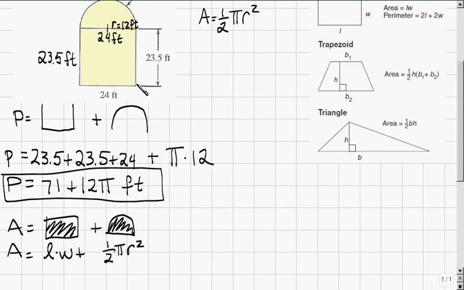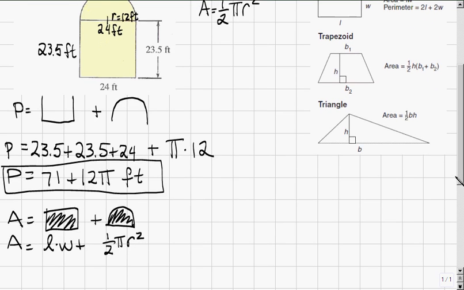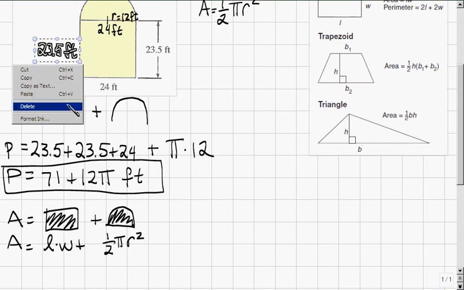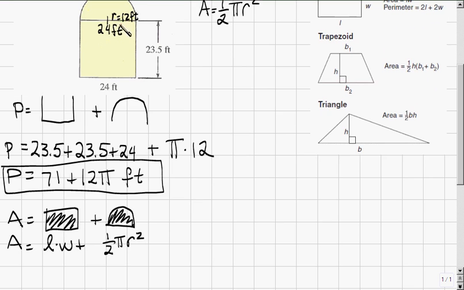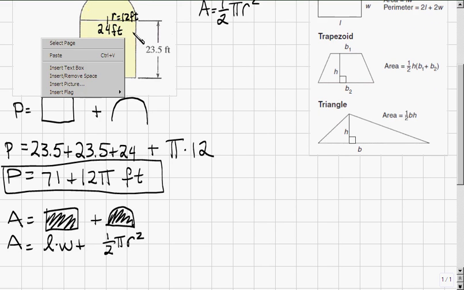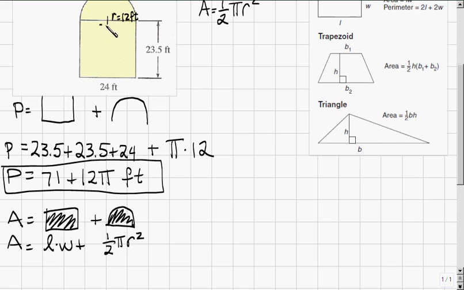Let's plug in our numbers that we now know for L, W, and R to find our area. So the length, and in fact we'll erase this side, and we'll also erase this side so we don't get confused. So the length of this rectangle is 24 feet, and the width is 23.5. So we'll write that here.